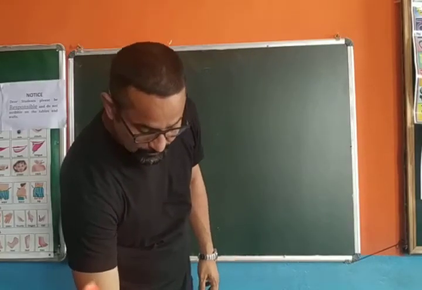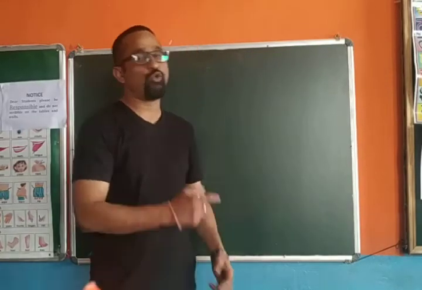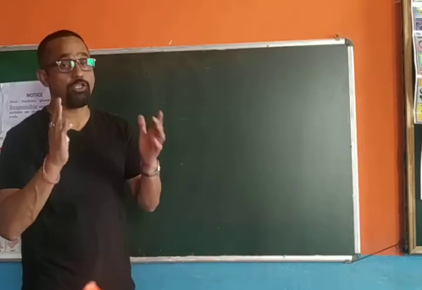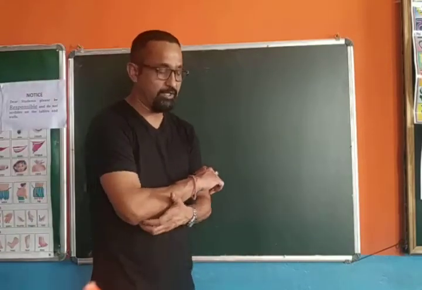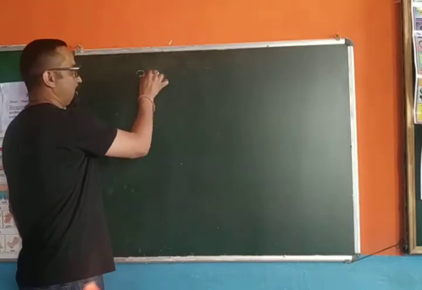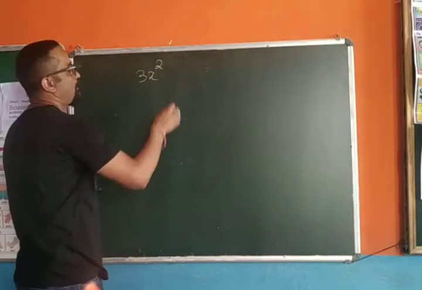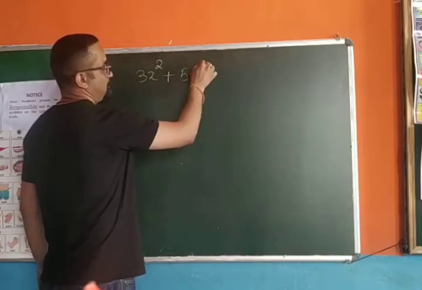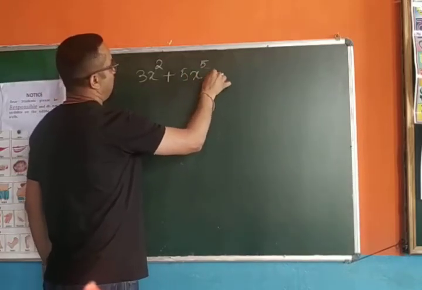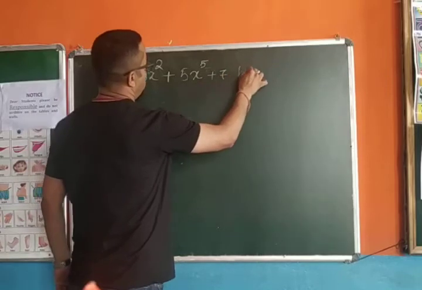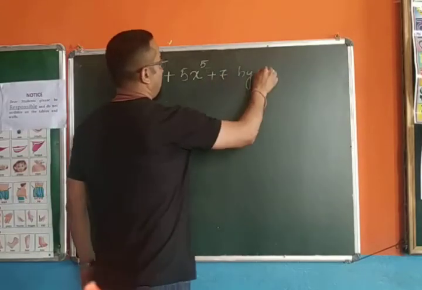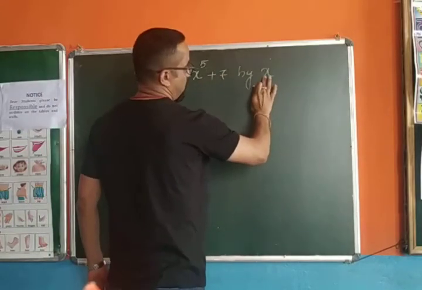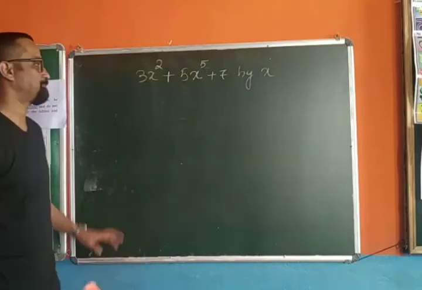Now, division of polynomial by monomial. 3x squared plus 5x to the power of 5 plus 7 by x. First example, x.